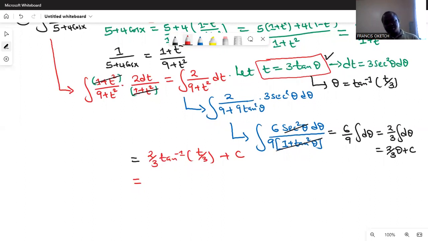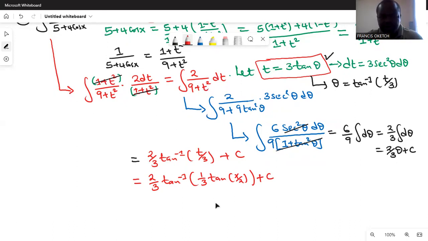So this can also be written as 2 over 3 tan inverse of 1 over 3 times tan x over 2, and this is added to c. So you see how easy this integral looks. If you are given any other problem similar to what we have here, then you do the same thing.